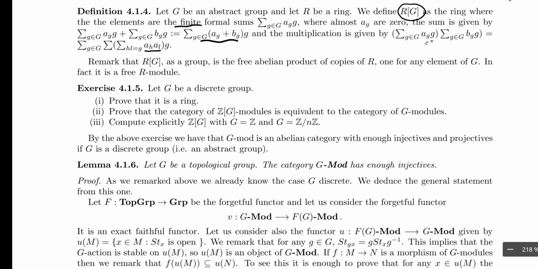So the coefficient of g is indexed by g. So we do the multiplication. What is the coefficient of element g?